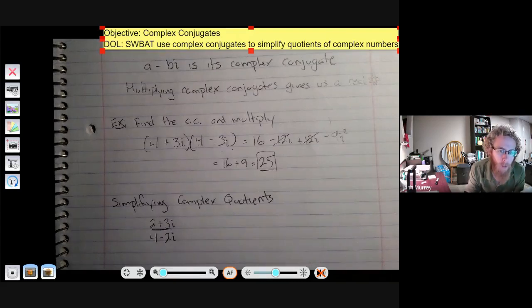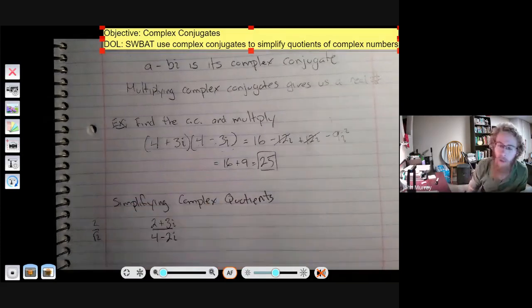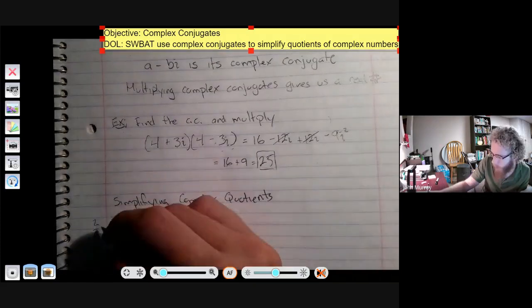In algebra, you've seen we don't like square roots in the denominator, right? We go through steps to get rid of something like 2 over root 2. That's something you might see if you're talking about the unit circle, right? Again, we don't like the square root of 2 in the denominator. You can't really divide by an irrational number, right? This doesn't make sense.